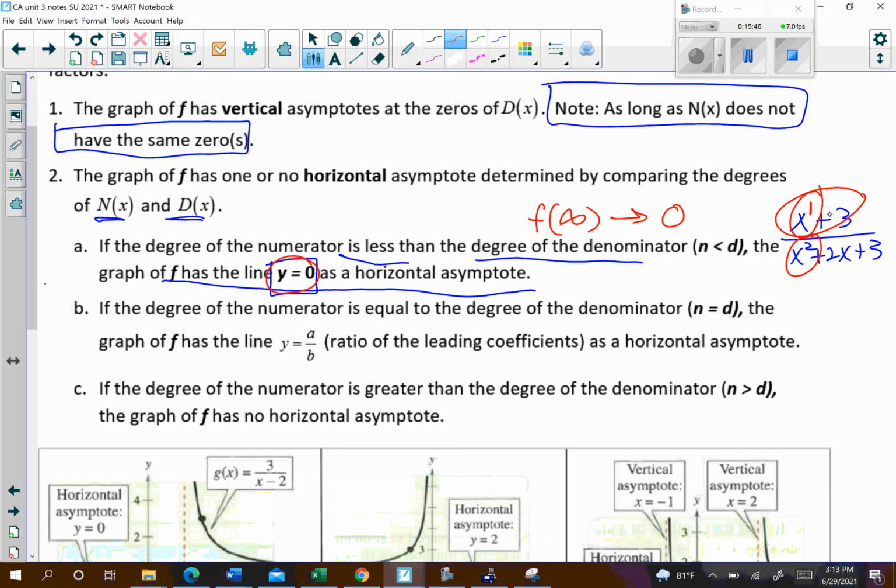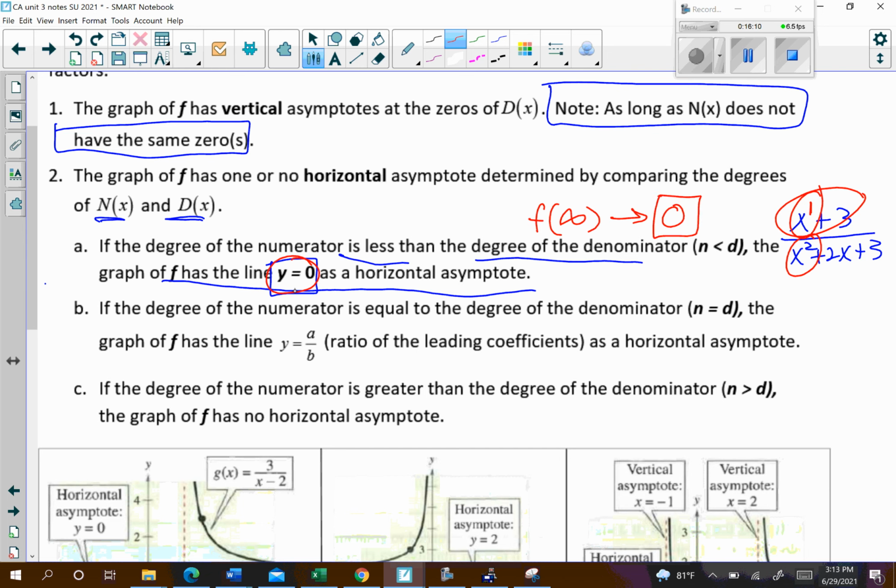You plug in whatever you want, a trillion. But on the bottom, you're squaring the trillion, and when you square it, it makes the denominator so much bigger. So even though the top might be a huge number, the bottom is going to be infinitely larger, and that ratio would converge to 0.